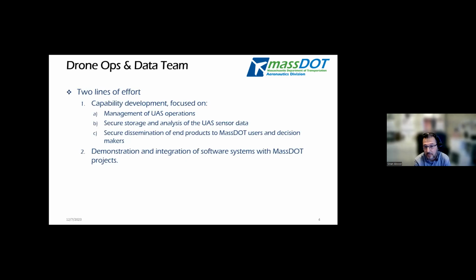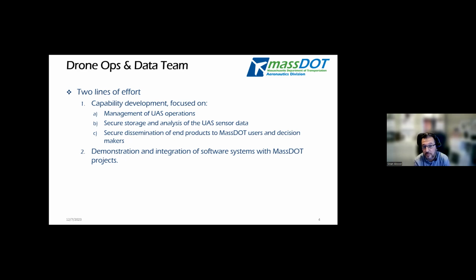The Drone Ops and the data team operate under two lines of effort: the capability development effort and the demonstration effort. Under the capability development effort, we are responsible for managing the UAS operations across Massachusetts, securing the storage and analysis of the collected UAS imagery, and maintaining the fleet and the sensors that we operate.